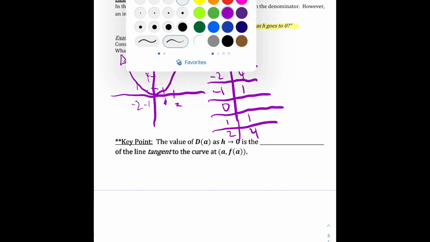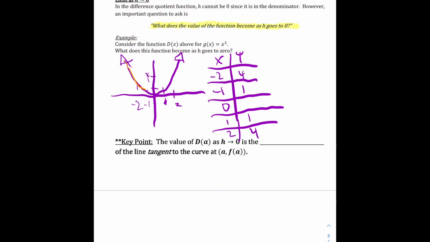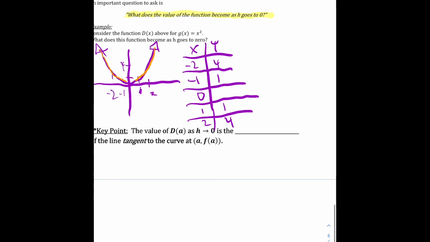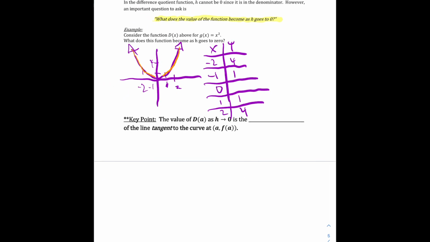So again, as we approach from the left side, it's going towards 0. As we approach towards the right side, it's going towards 0. So the function as h goes to 0, the limit is going to equal 0, but the function of 0 actually does not exist.